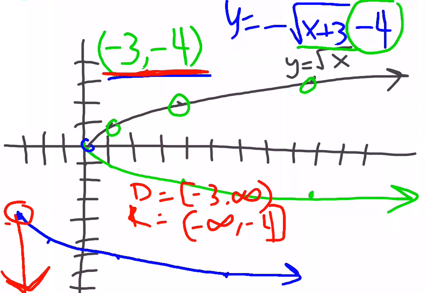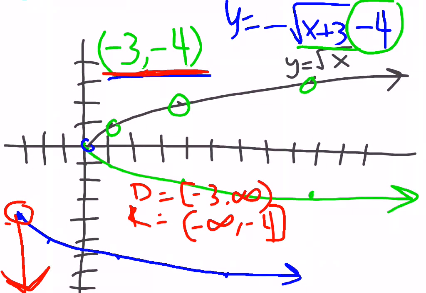My interval of increase. Is the graph ever increasing? No, that should be your answer. It's never increasing. It looks like now that we've reflected it, it's slowly decreasing. Our interval of decrease is going to be similar to that of our domain.